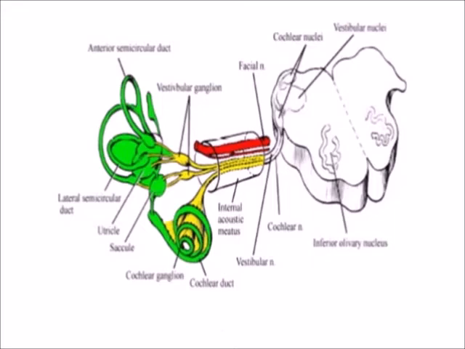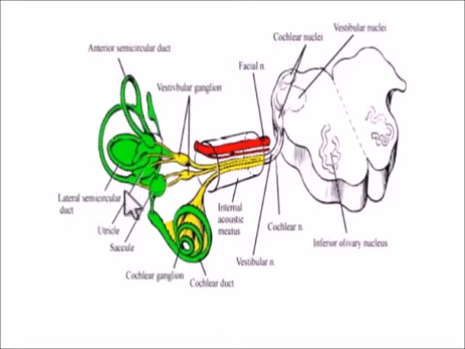As I said, the vestibulocerebellum receives the vestibulocerebellar tract from the vestibular nuclei, which are situated in the upper part of the medulla, and these vestibular nuclei in turn receive fibers from the vestibular apparatus, which is located in the internal ear and contains the semicircular canals.